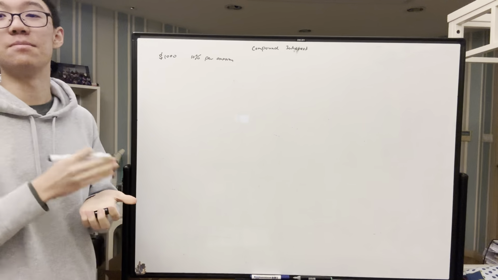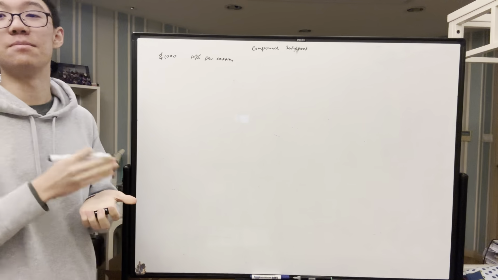After 2 years, it would not be $1,210 because instead of calculating the new amount every year, we would have to calculate the new amount every month. What do I mean? Well, after the first month, you would have 1,000 plus that interest. But note that here, the interest is not 10%, it's now 10%/12.